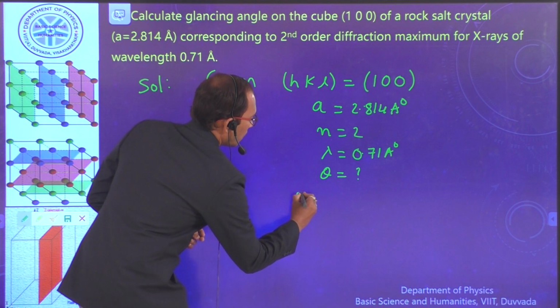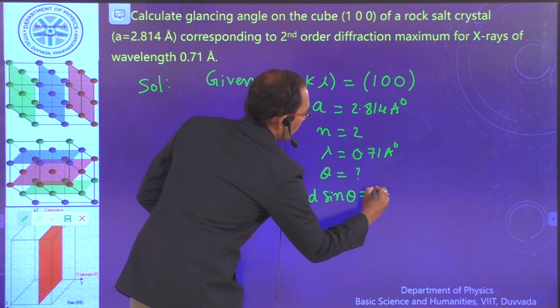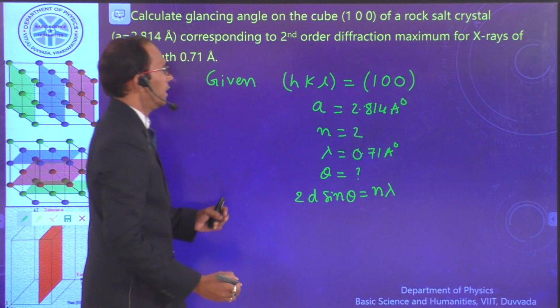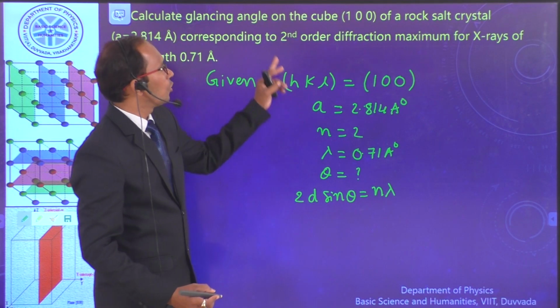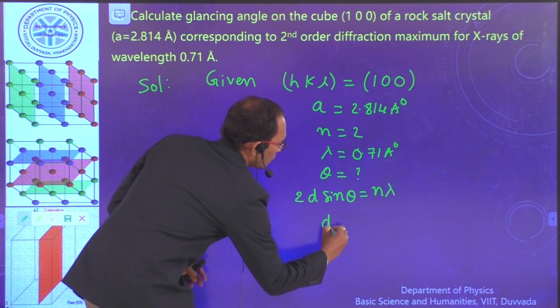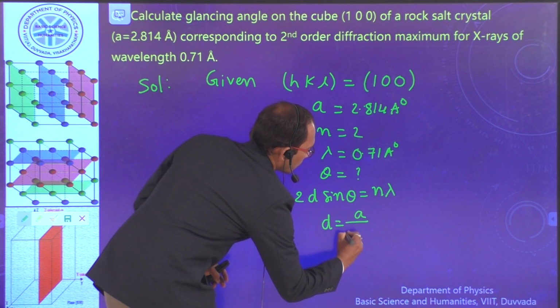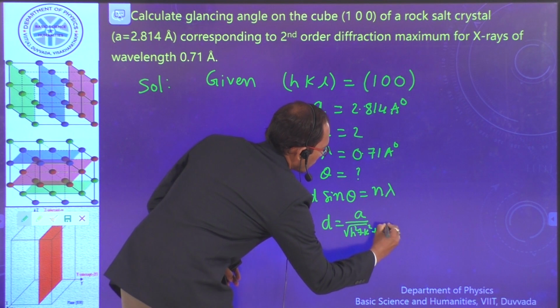What is the formula? 2d sin theta is equal to n lambda. Again, the interplanar spacing d is not given, but it is a cubic crystal. For a cubic crystal, d is equal to a by square root of h square plus k square plus l square.